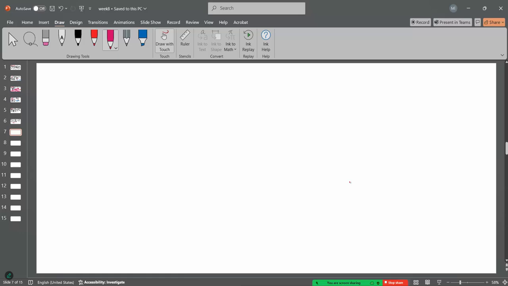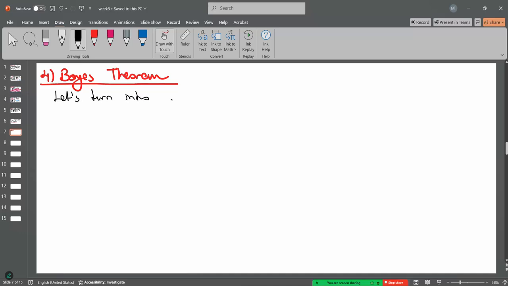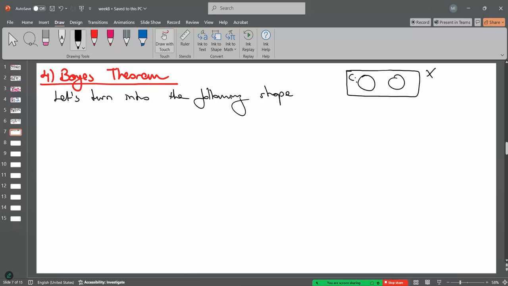Okay. In this case, we can write Bayes theorem. Firstly, let's turn it into the following shape, just like this one. This is the X, C1 and C2.